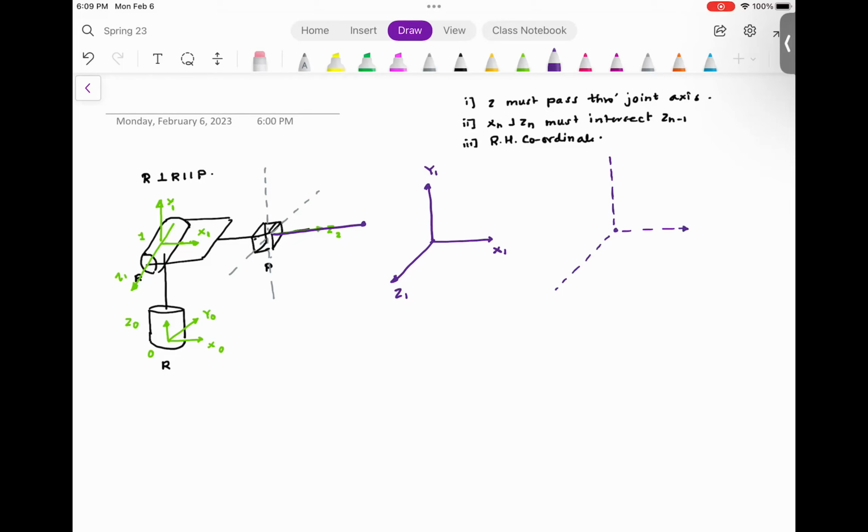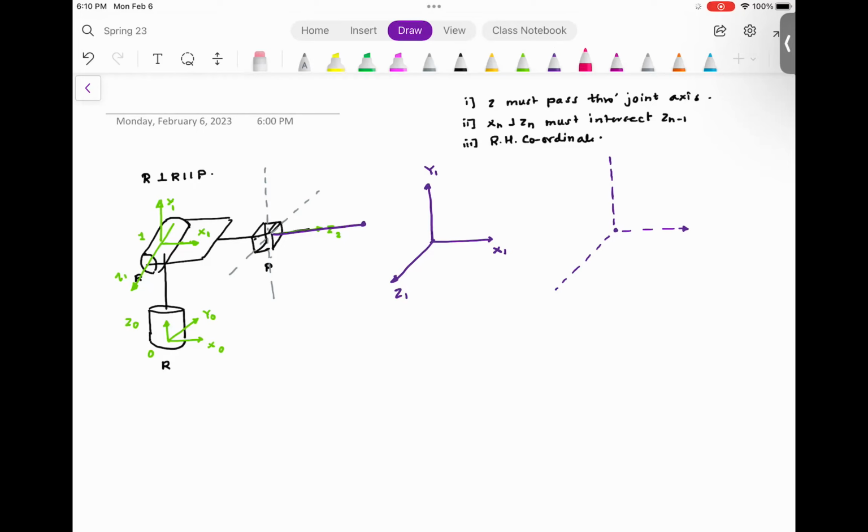So if I take Z2 over here, and if I have X2 either going up or going down, the problem is X2 is not intersecting with Z1. So what I need to do is translate the frame from this location all the way over here.